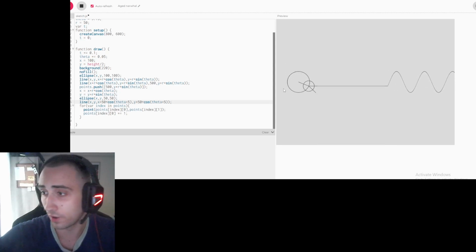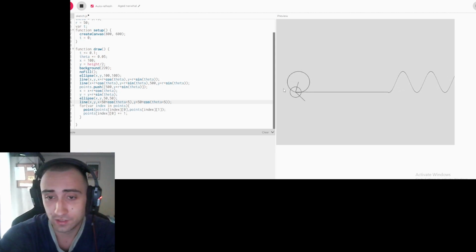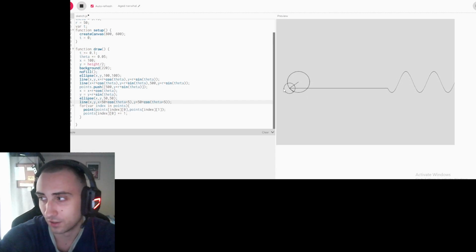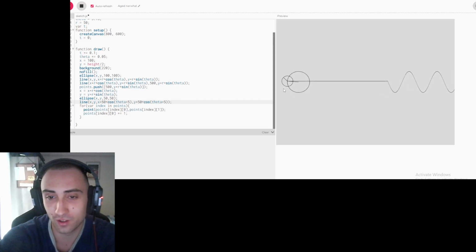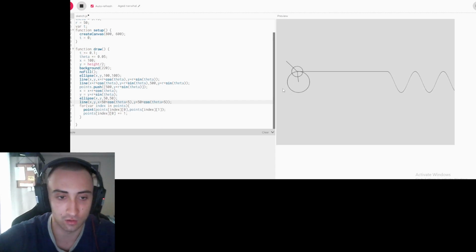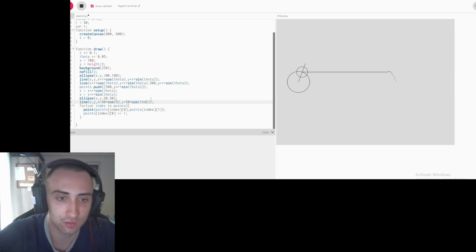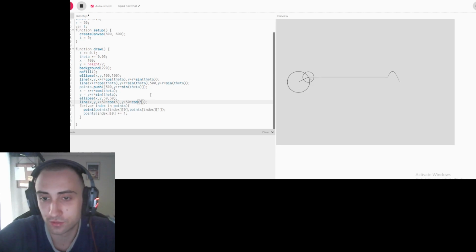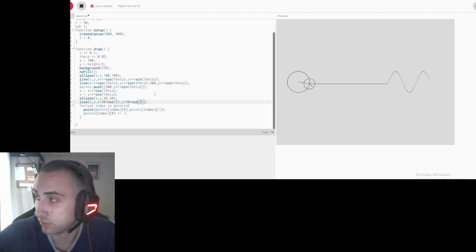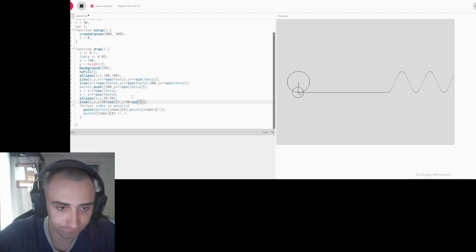So, welcome. We are trying to make the Fourier transform of a signal. But I am struggling because I cannot find a way to make a rotation on the already rotating circle. I know how to do a standard angle, but I cannot rotate it at all for some reason.